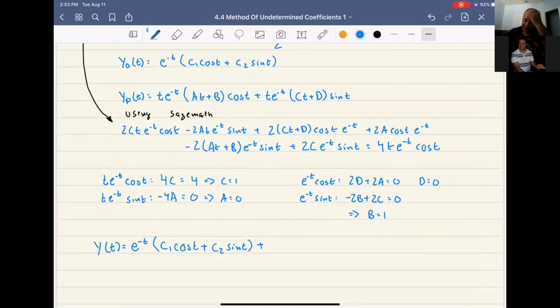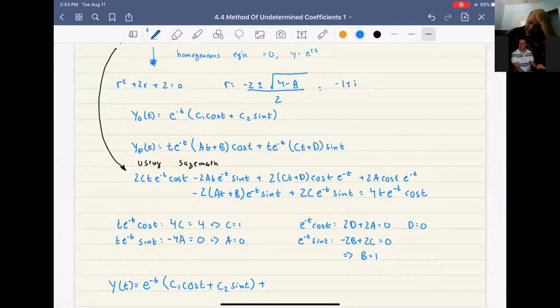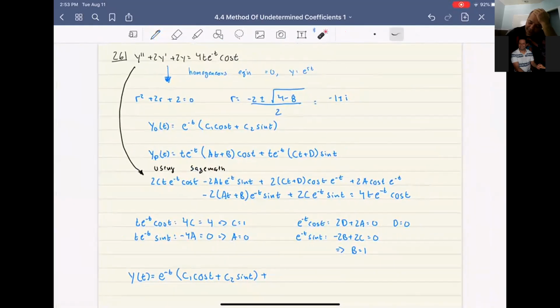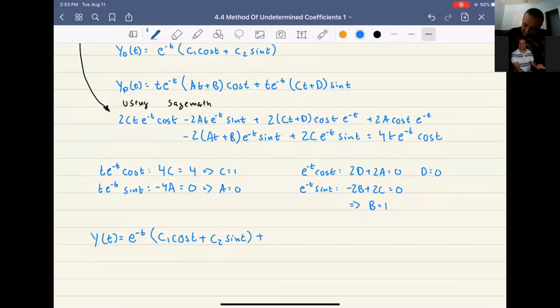Where was our particular solution? It was here. c and b equal 1, so that's going to be t e to the negative t cosine t plus t squared e to the negative t sine of t.